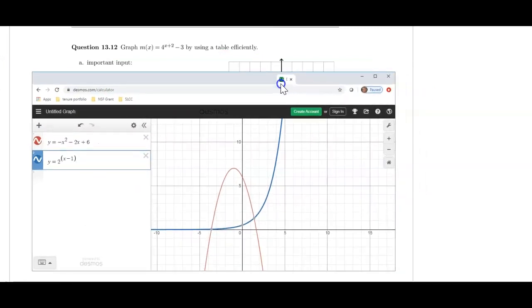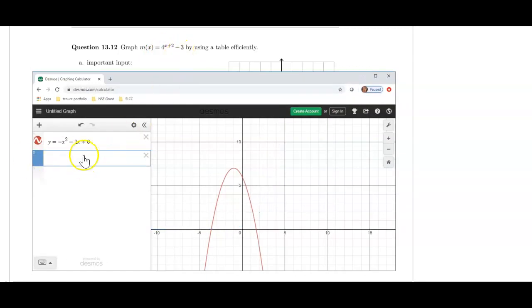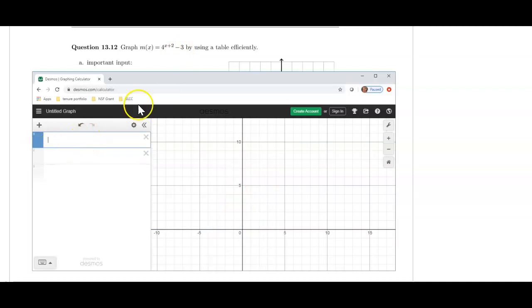Okay, so the one that we're trying to look at is 4 to the x plus 2, minus 3. Let me get rid of these in here. And let's look at some other ones. So first of all, I want to just do y equals 4 to the x power.